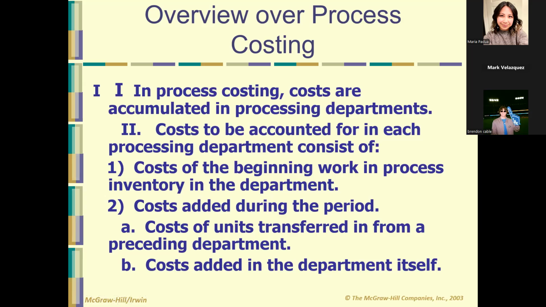Coca-Cola might have a mixing department where somebody makes the syrup. Another one might be making the bottles. Those could be separate manufacturing departments. So we're going to have the cost of work in process at the beginning, add new costs, subtract the costs that were transferred out, and then we will have the ending inventory number.